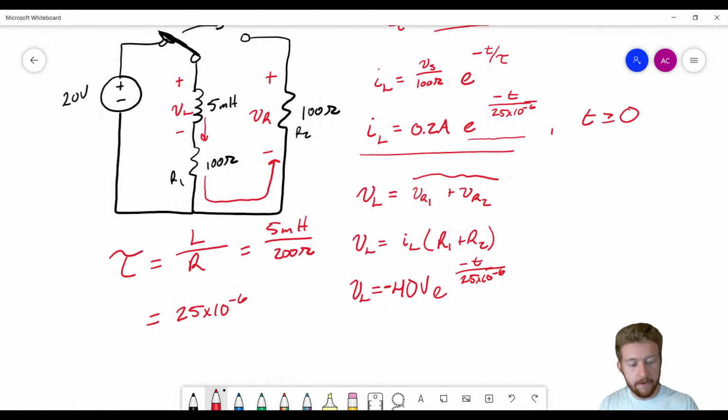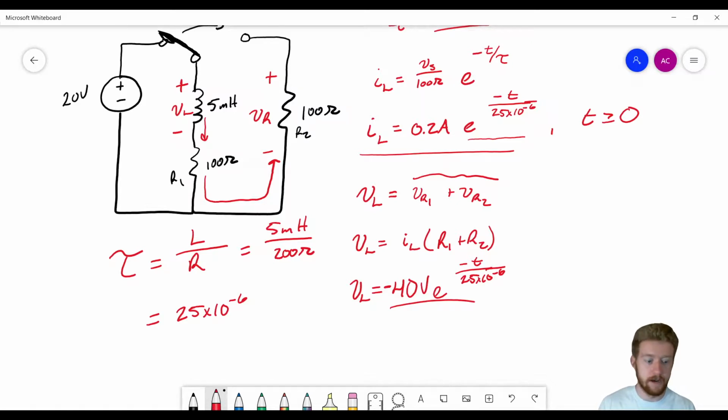Now, if instead of writing it like this, I wrote it with the signs flipped, so negative and positive, then you would say that voltage is positive 40 volts. But because of the way I wrote it, which was positive and negative, this has to be negative, okay? Because the inductor is supplying voltage downward, so there's going to be a voltage rise from the top to the bottom, okay? And a voltage rise is pretty much the same thing as a negative voltage drop. So that's why we have this negative here, okay?